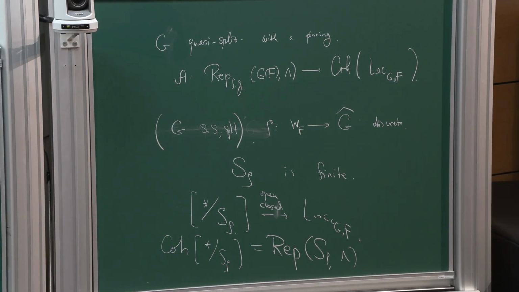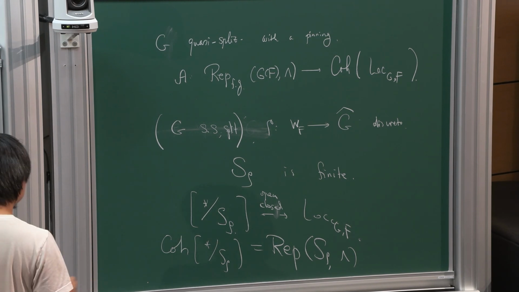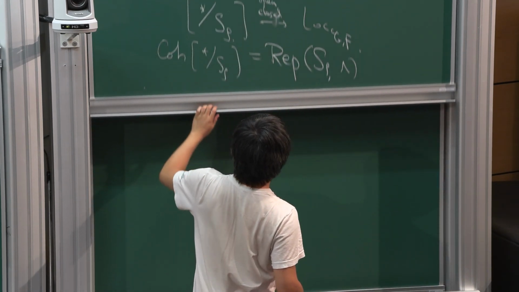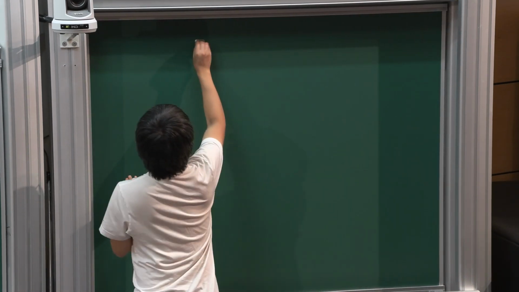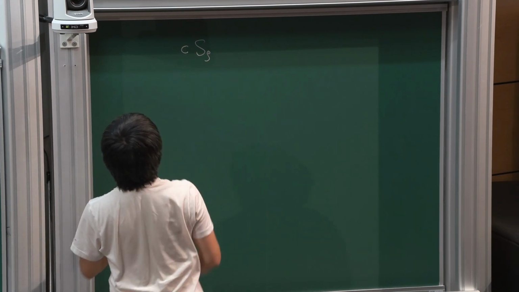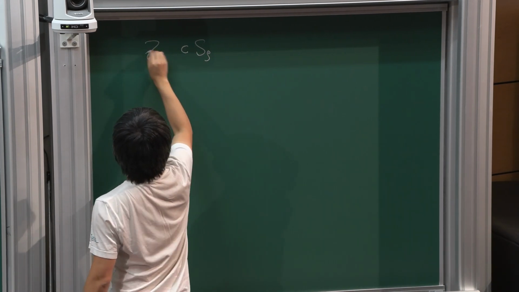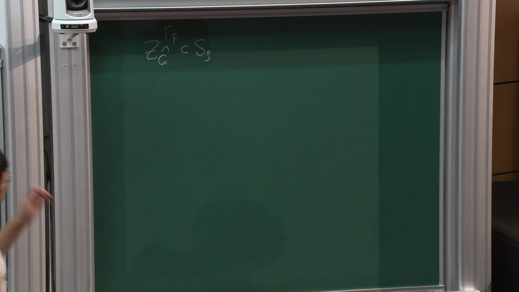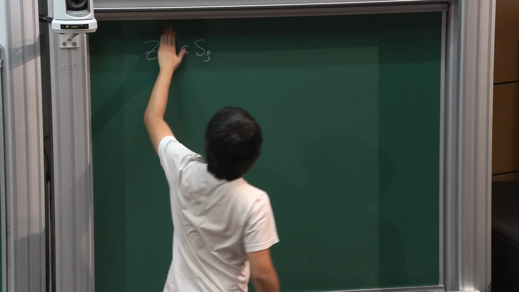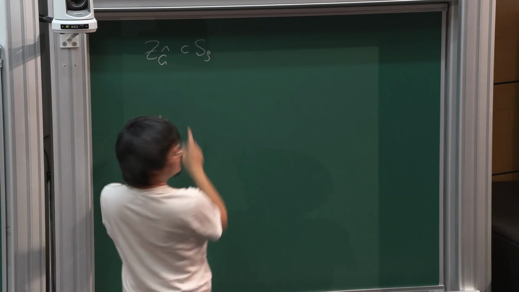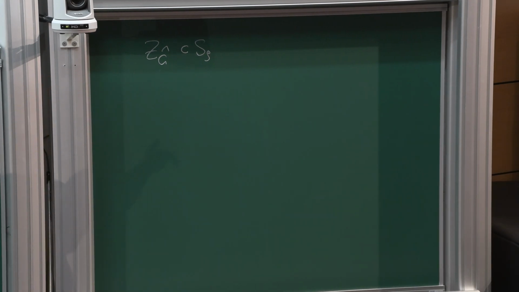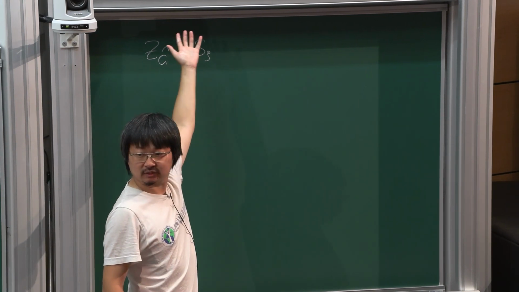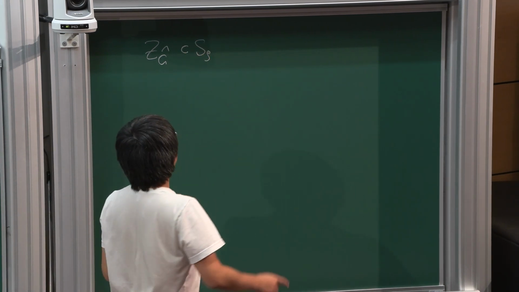But let me also mention, from here you can see that this S_phi usually has a subgroup: if you consider the center of G hat and take Galois invariants, this is always a finite subgroup inside here if G is semi-simple.